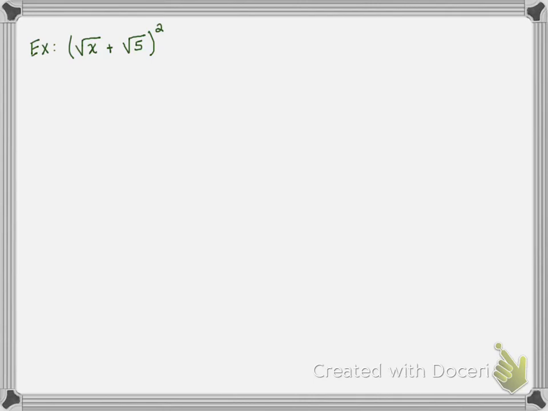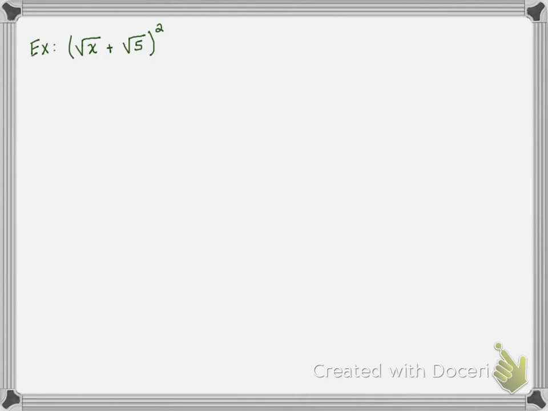And how do we do that? Don't you just do like square root of x plus 5 times the square root of x plus 5? Times the square root of 5?